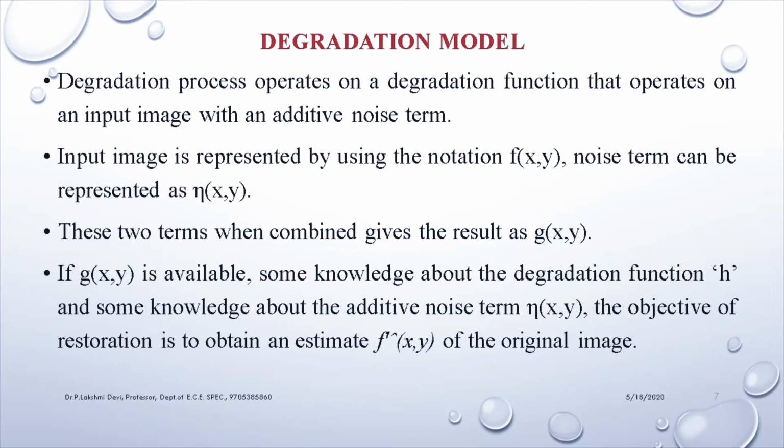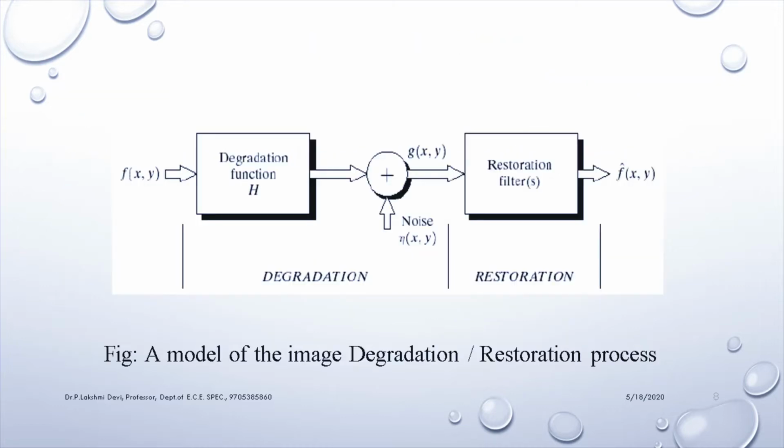Restored image means that after the degradation, if we have reconstructed the image through this restoration filter or restoration process, that particular output image we call a restored image. That restored image or estimated image we denote as f cap of xy. F cap of xy is definitely not the same as the original.